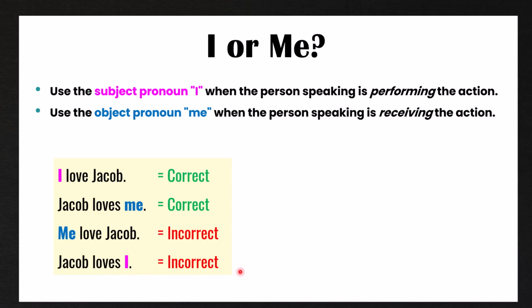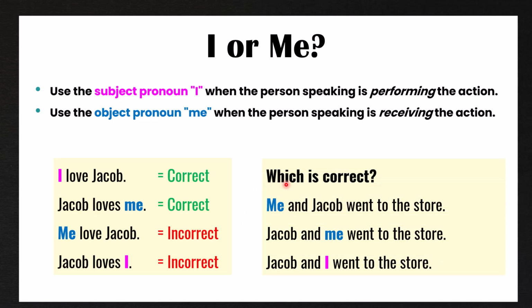Let me show you some examples of when it gets confusing. So look at these three sentences and tell me which is correct. Me and Jacob went to the store. Jacob and me went to the store. Jacob and I went to the store. Okay, the first one and the second one are both incorrect.